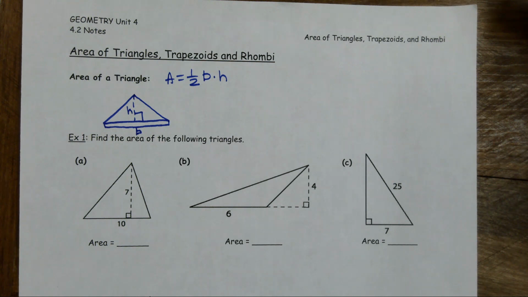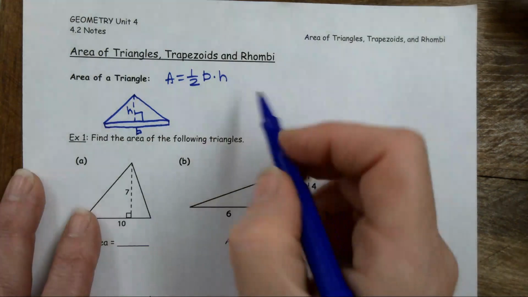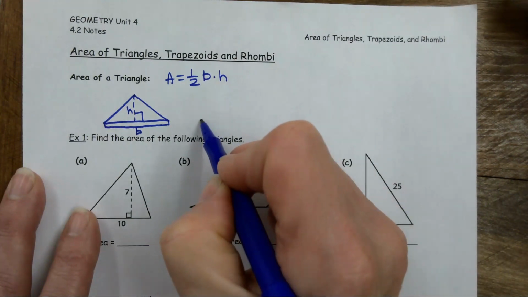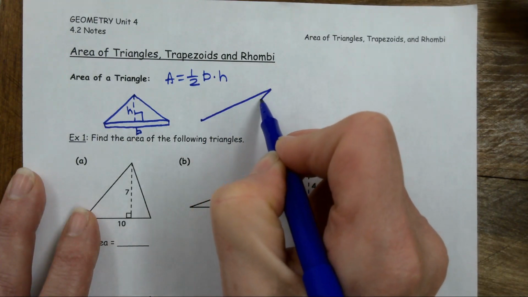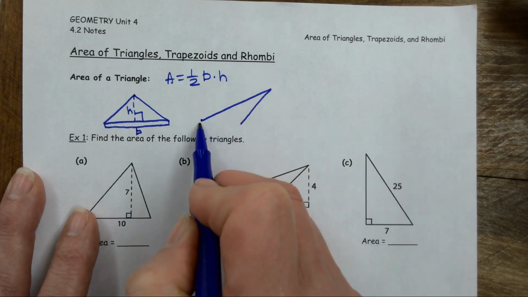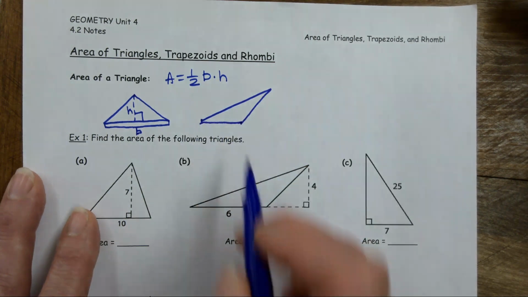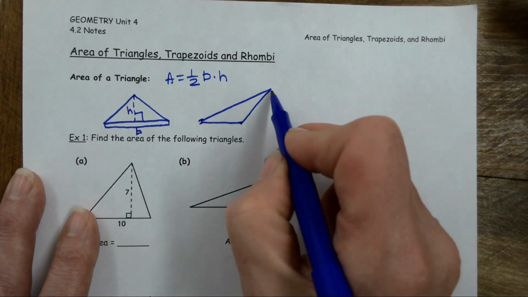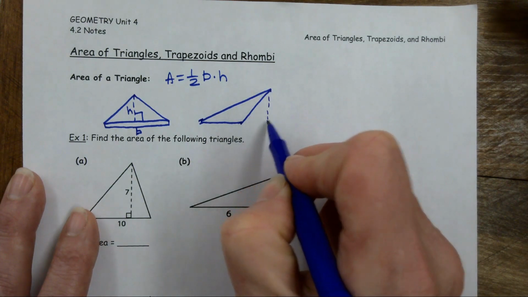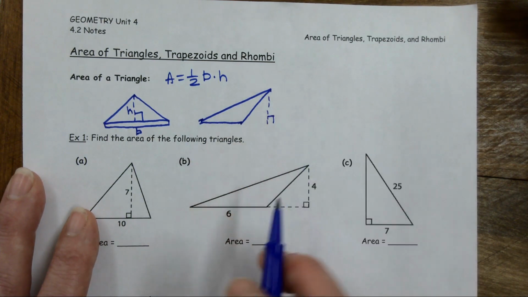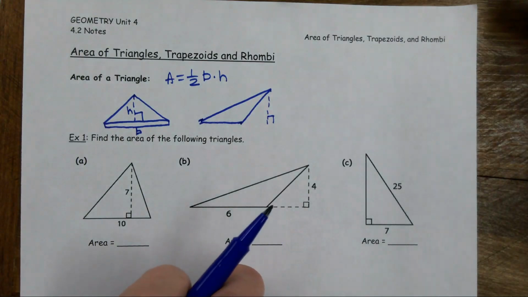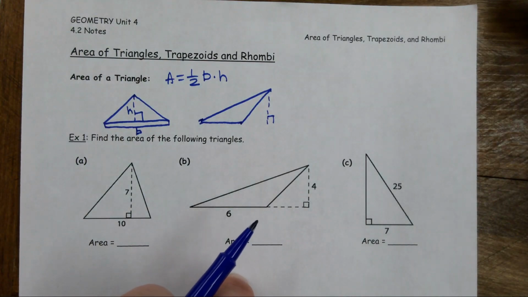The altitude is that line that comes from one vertex and hits at a perpendicular on the opposite side. But if you remember, when we talked about altitudes a while back, and sometimes these are a little bit difficult to draw, we had instances where the altitude actually ended up being on the outside of the triangle.